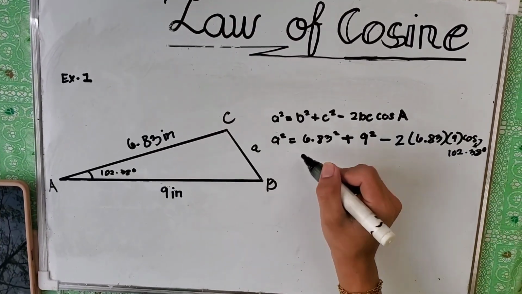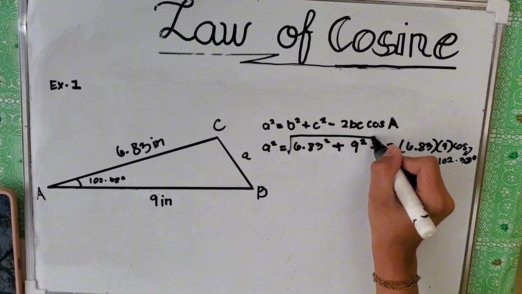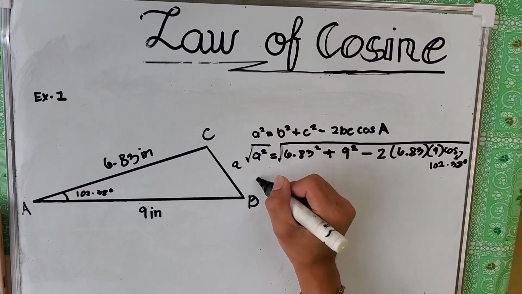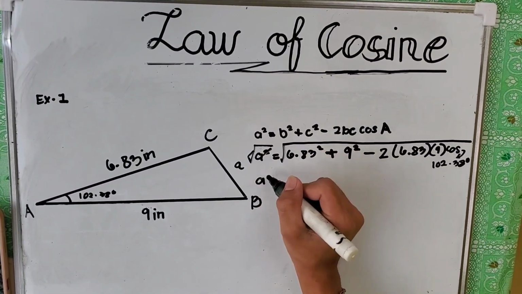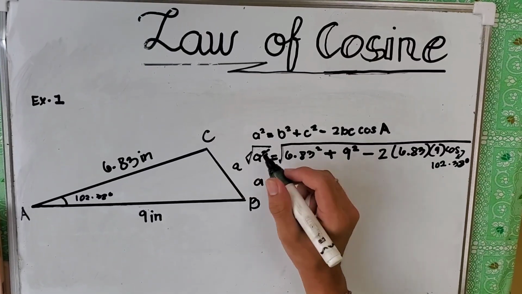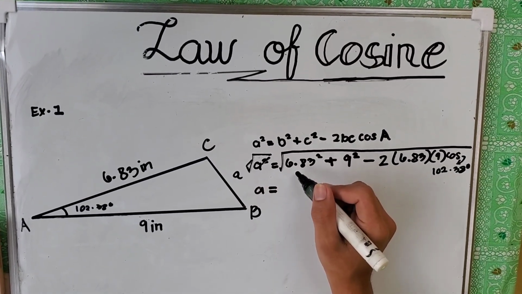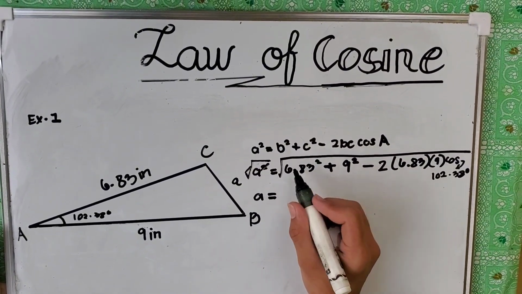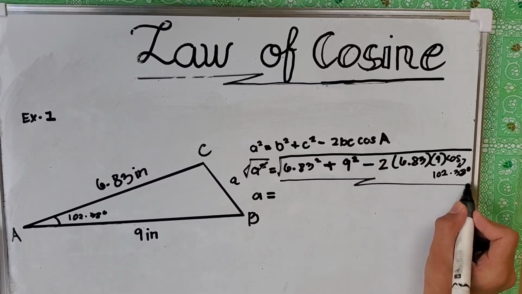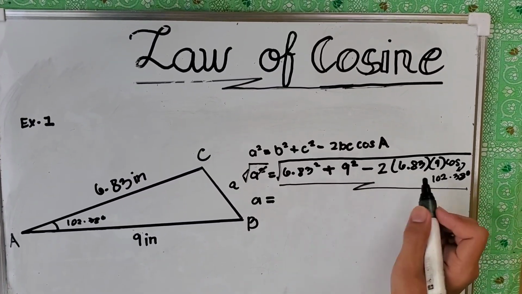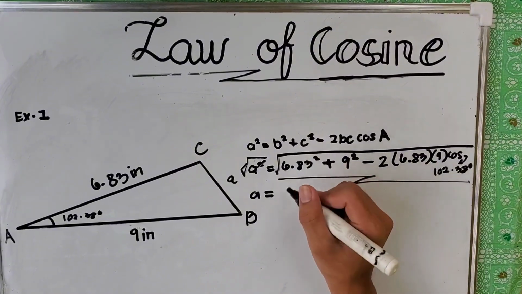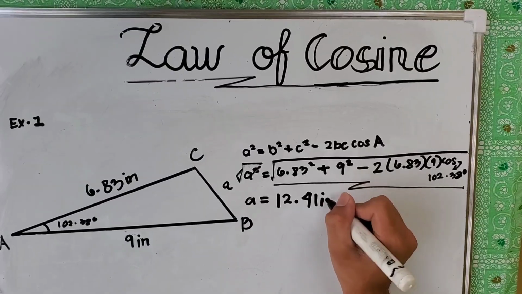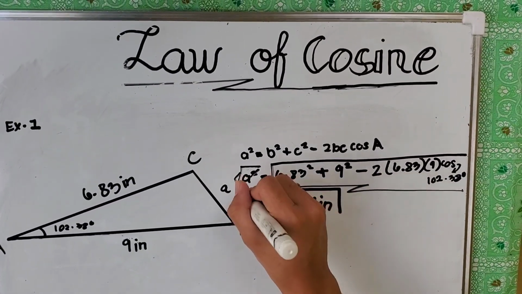Next step is to put a square root over this, so we cancel the exponent 2 on a. We're going to put this equation inside our calculator, and we get 12.41 inches as the value for our side a.